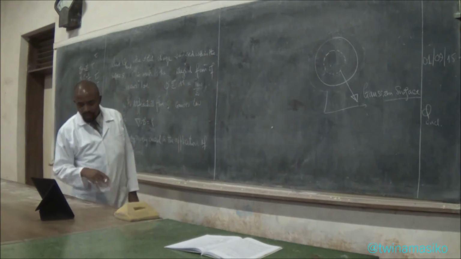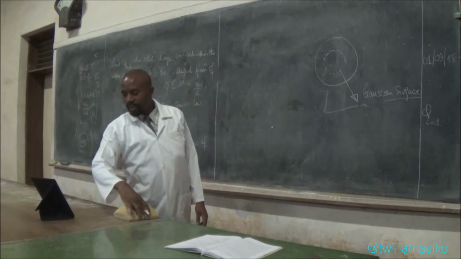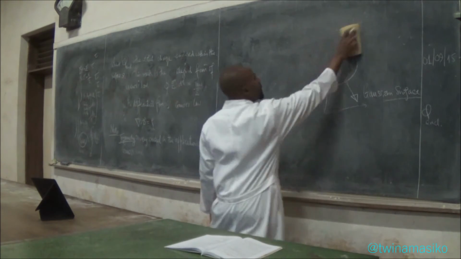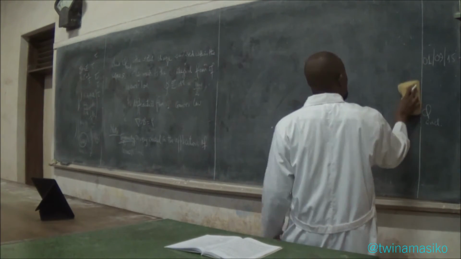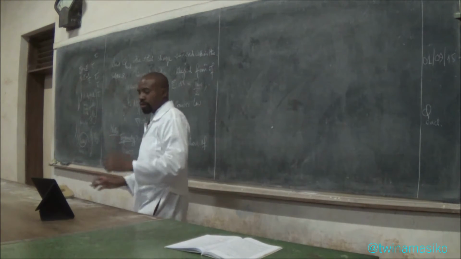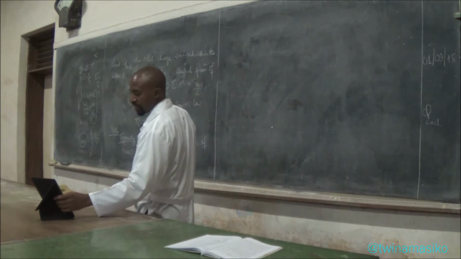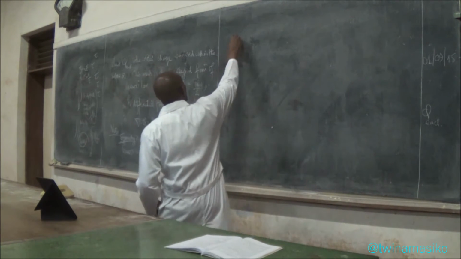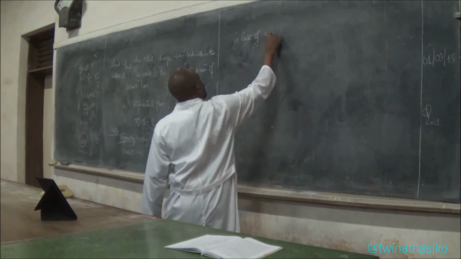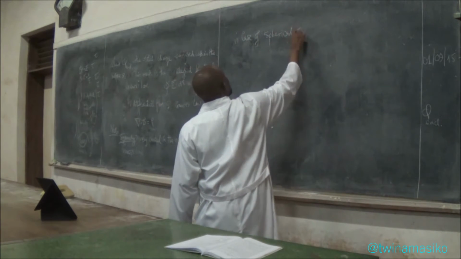So as a way of having something to go home with, we shall look at the case of spherical symmetry. Since we talked of symmetry being crucial, we can start with one case of spherical.